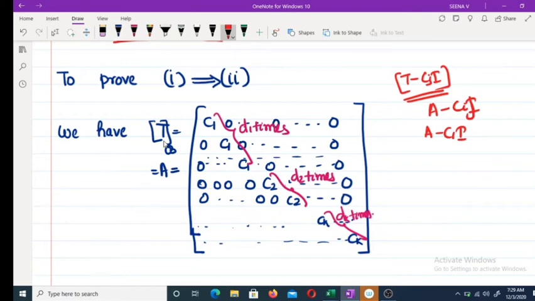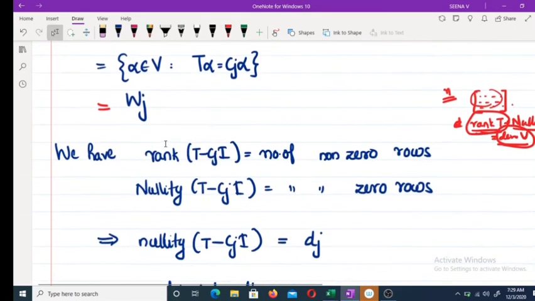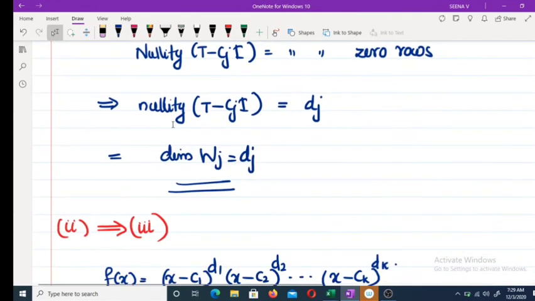As the Ci's are distinct, C1 minus C2 is not equal to 0, similarly C1 minus C3 is not equal to 0, etc. C1 minus Ck is not equal to 0. So all these rows are non-zero, but the zero rows are d1 times. Therefore, the number of zero rows is equal to d1. So in this case, the nullity of T minus Cj I is the same as the number of zero rows in A minus Cj I, which is equal to dj. You can verify this.